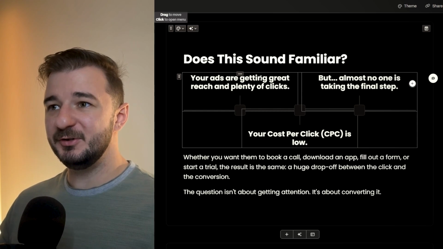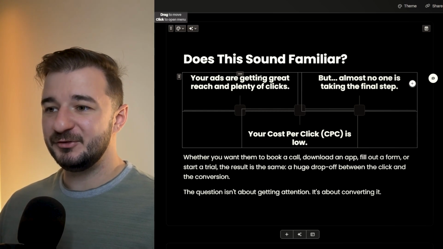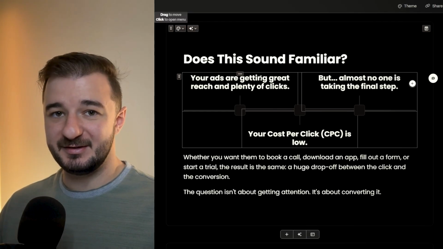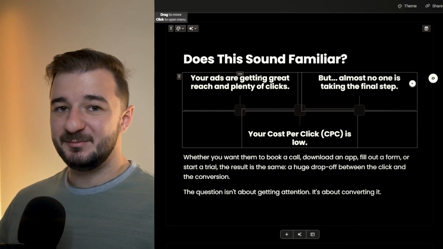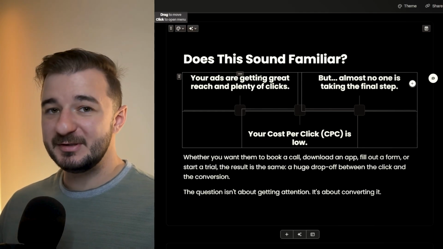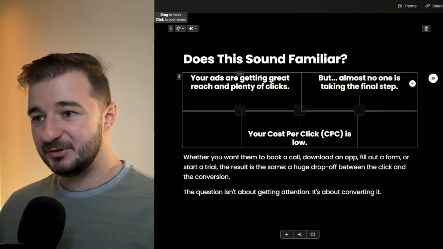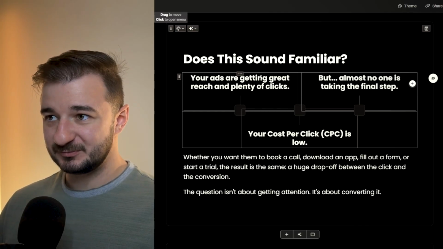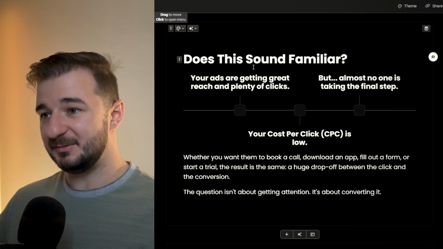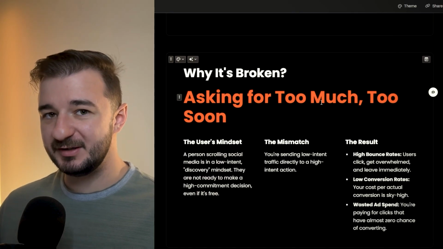What most people do here is they think, oh, I just have to get a better media buyer because probably the ads aren't correct. This might be the case, but more often than not, I'm seeing a different problem. The ads, you can always improve them as you should, but you lack a fundamental piece inside your funnel, which is the main problem. Let's go into why it's broken in the first place.